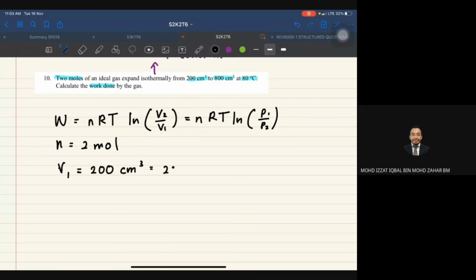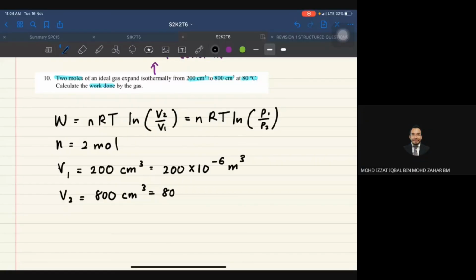So this one 200 times 10 negative 6 m³. Negative tu kan, darab 3. Okay, V2 dia pula adalah 800 cm³. This one you can write 800 times 10 negative 6 m³. Temperature is equals to 80 Celsius.